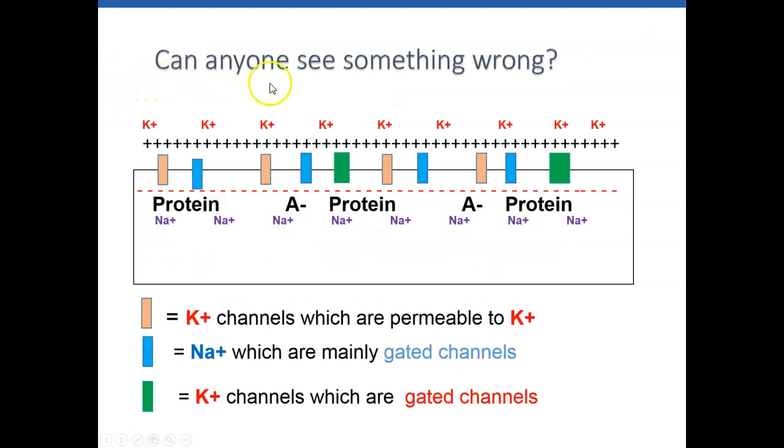At this point, I always like to ask if you can see anything wrong with this figure. We have the positive charges on the outside, the negative charges on the inside. So this seems like you have a perfectly happy neuron cell. But in here, I should say, we have sodium. Out here we have potassium. That's the wrong configuration.